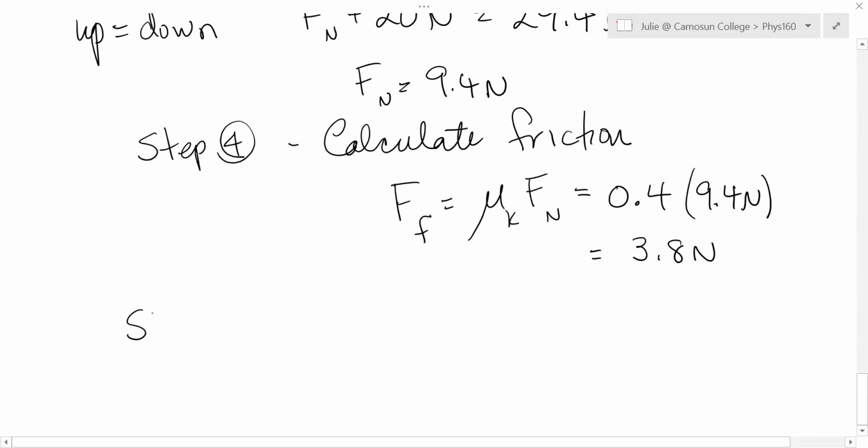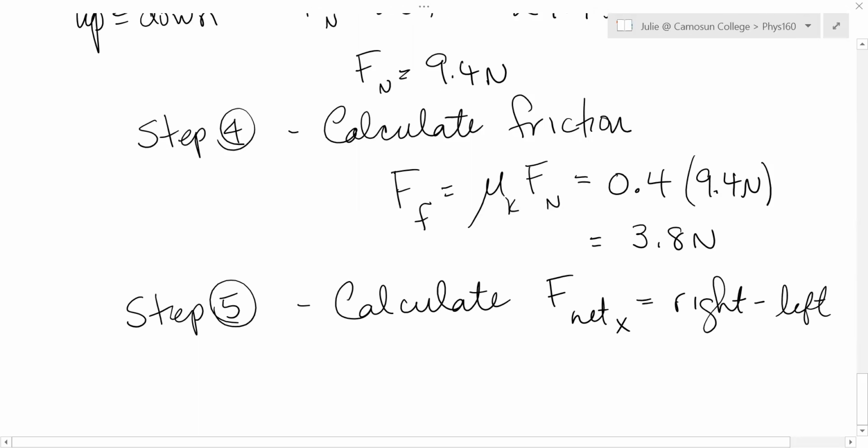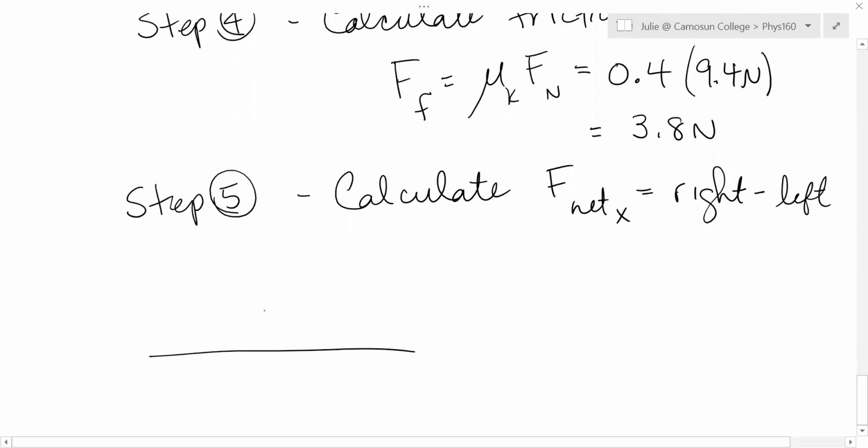Now step 5, calculate F net X, which equals right minus left. And I'll just quickly sketch the right and left again. We have the X component of the applied force was 34.6. We've now got the force of friction, which is 3.8.